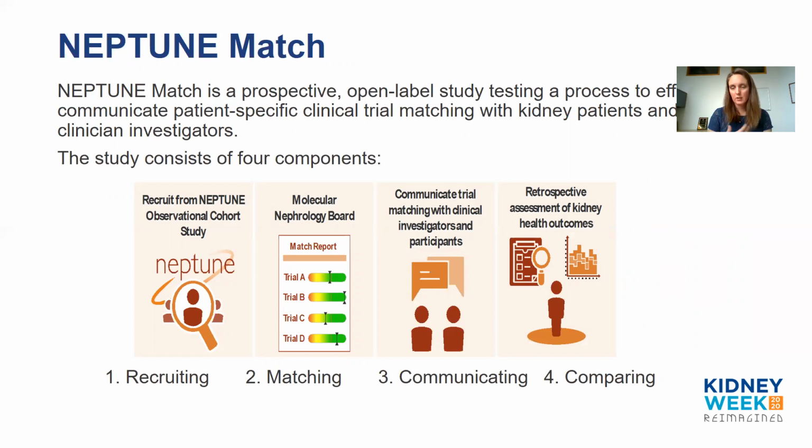Their biosamples are collected for the usual protocol. They're analyzed to try to identify pathways that are either more active or less active, and as compared to available trials. That information is communicated to the patient, and ultimately when those trials are completed, we can see if patients that receive the stratification information behaved any differently.